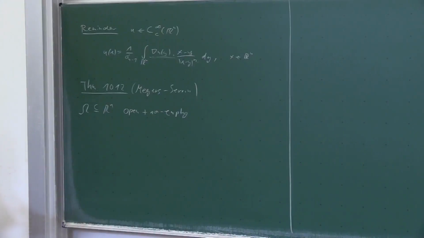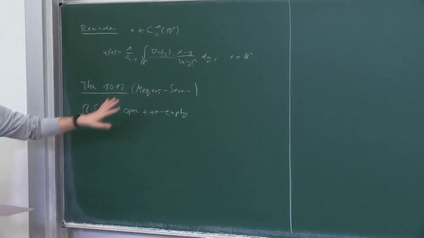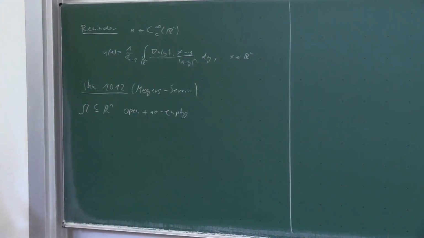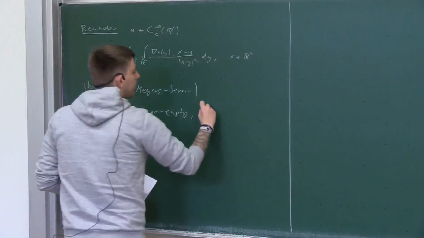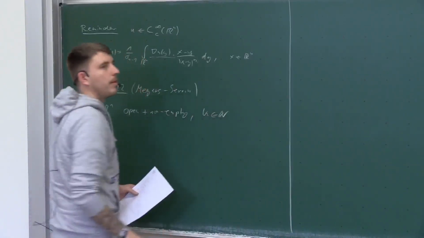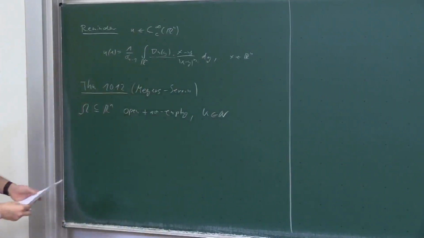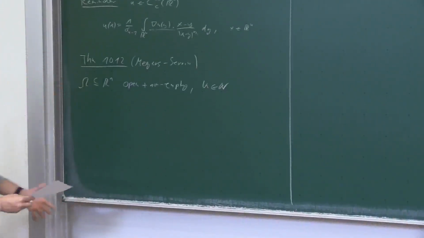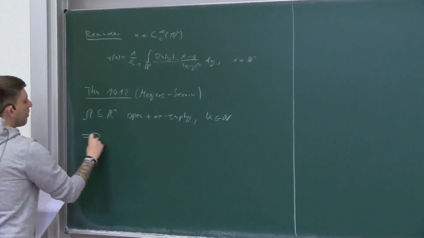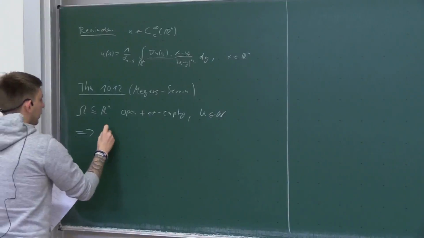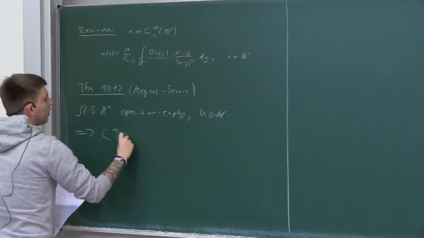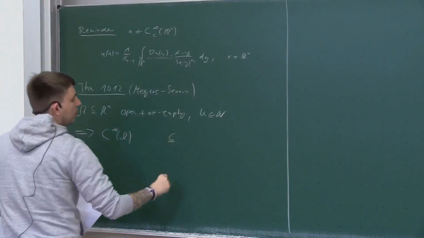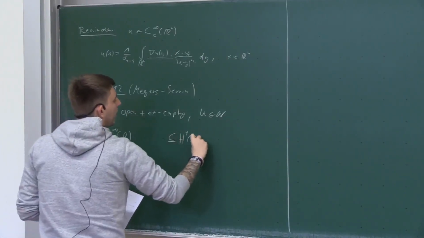I said we derive some density result for Sobolev spaces, so these 2 requirements are not actually real requirements. I mean, they are necessary to write down H^1 of Ω. Then we also fix some natural number k, which is just the order of the Sobolev space. And then what I claim is that this implies that, what I actually want to write is something like C^∞(Ω) is dense in H^1(Ω).